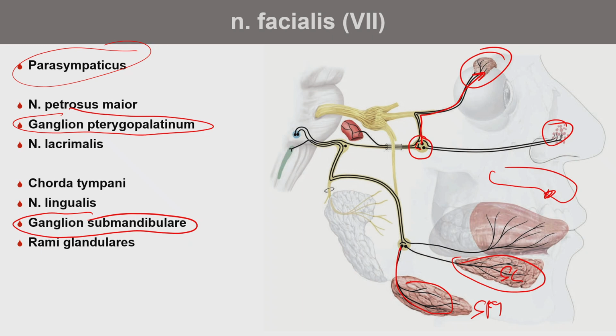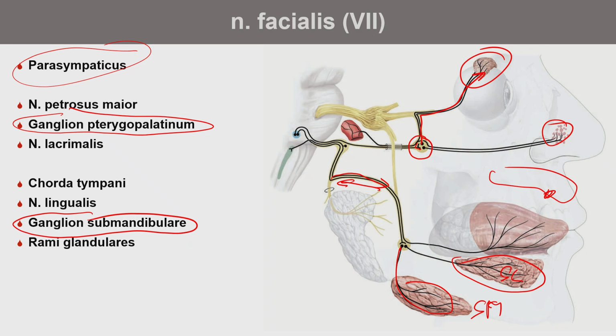What's interesting and important, we have some bridge which is called chorda tympani. Chorda tympani is localized in the middle ear and leading, except those fibers into the ganglion, vice versa, also taste.